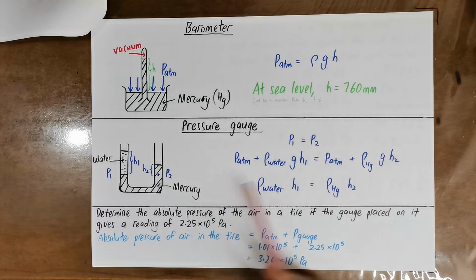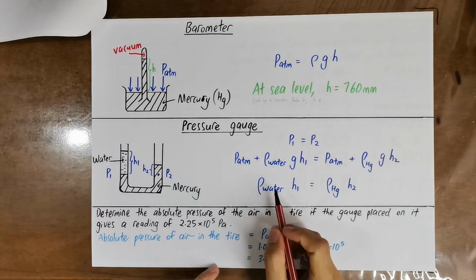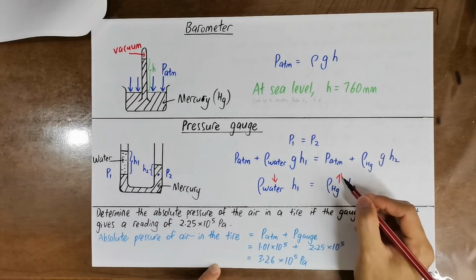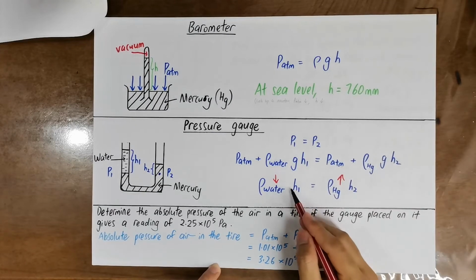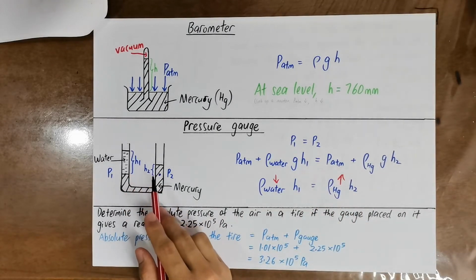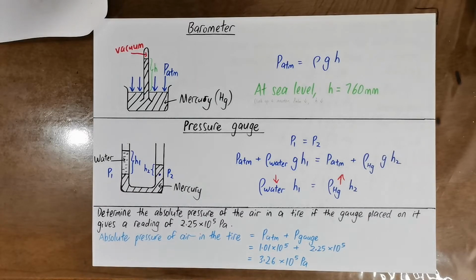You cancel out the atmospheric pressure and g, and then you get this formula. The density of the water is much smaller than the density of the mercury. When this has a very low value and this has a very high value, h1 is greater than h2.